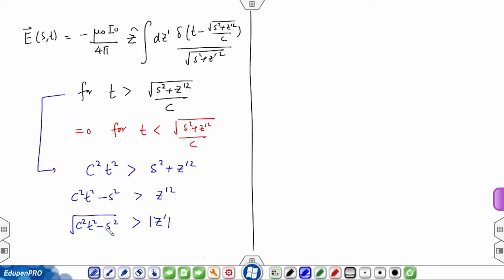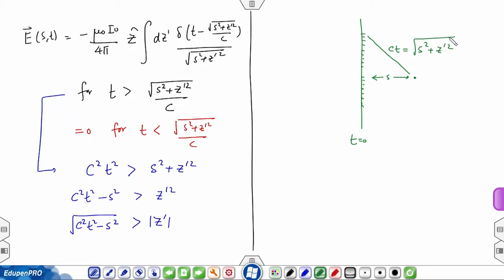What does it mean physically? Physically, it means that here is this wire on which we suddenly turned on current at t equals 0, and the signal moves from everywhere to this point at a distance s. Since the speed of light is c, then c t equals square root of s square plus z prime square.